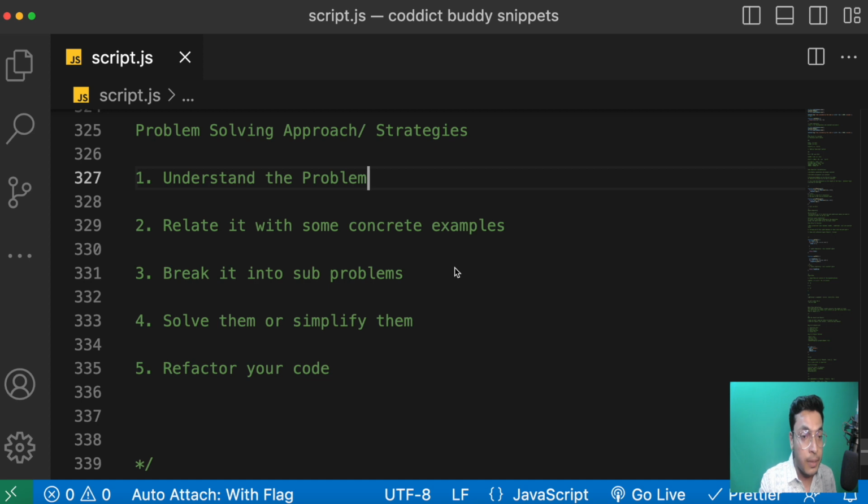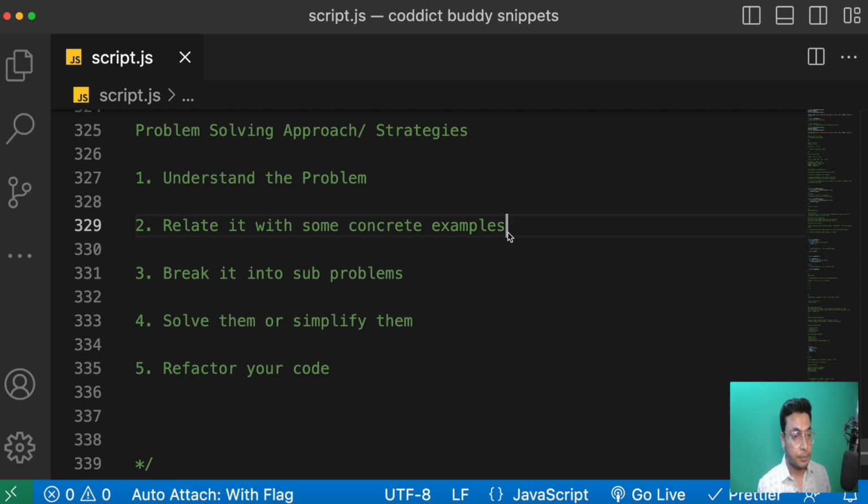Okay, so this way you can relate your problem with another problem or example, a concrete example we can say, right? So always try to relate your current problem with some concrete examples. That will help you approach the solution way faster, and it will help you a lot to solve that problem.